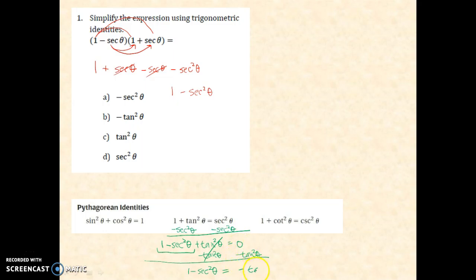That's just negative tangent squared theta. So I multiplied out, simplified, and got 1 minus secant squared theta. And then I did a little bit of algebra on this Pythagorean identity to realize that 1 minus secant squared theta is equal to negative tangent squared theta. So that, my friends, is B.